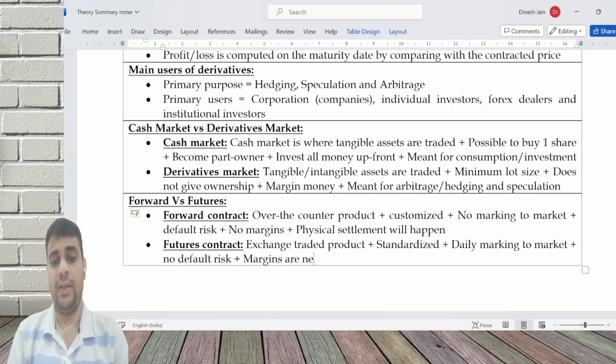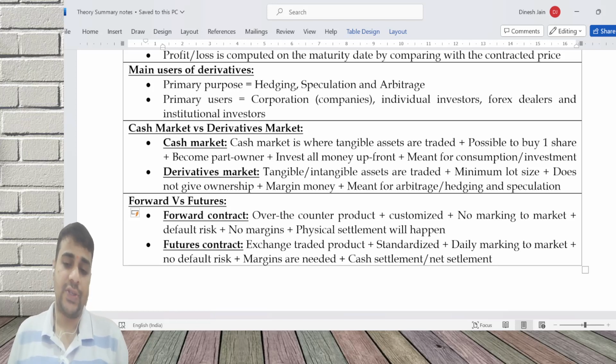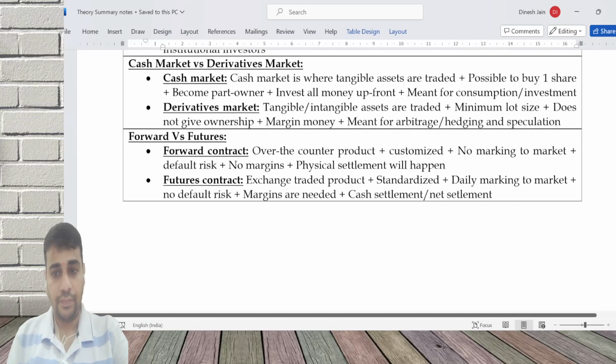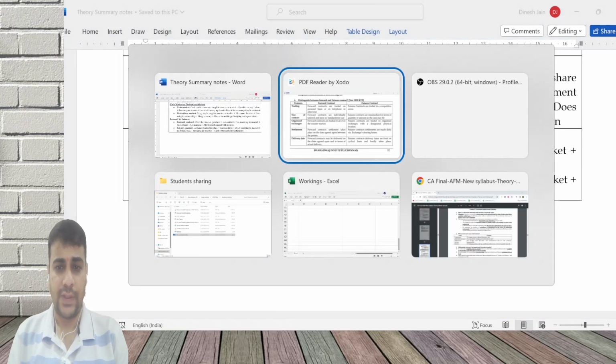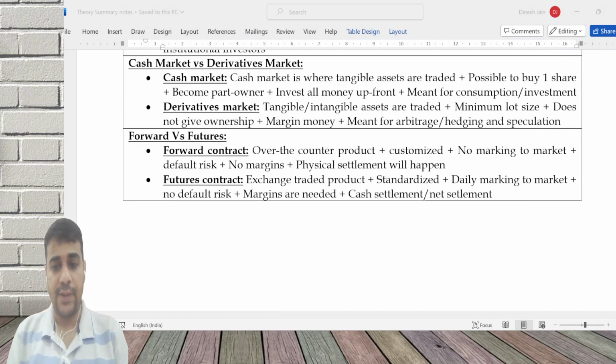Margins are needed, and mostly net settlement or cash settlement, whatever name you want to give. That is the broad difference between forward versus futures.